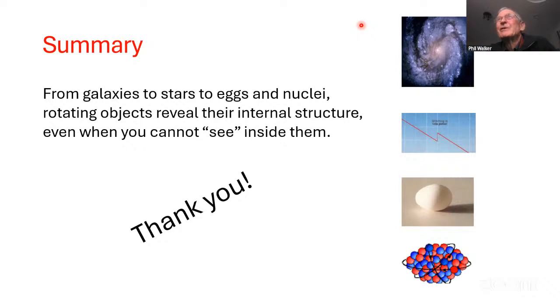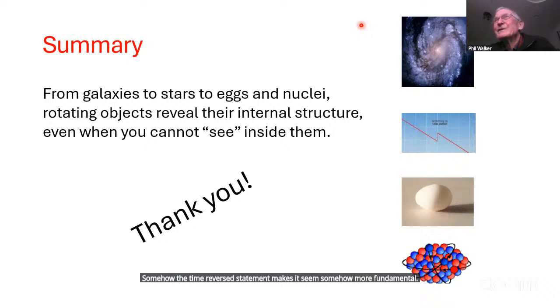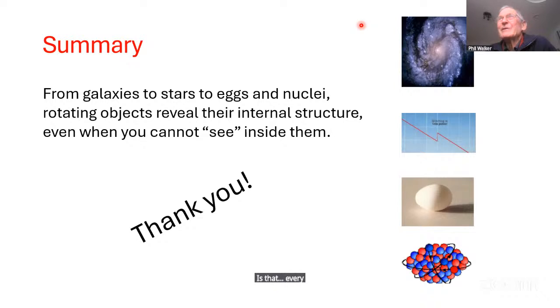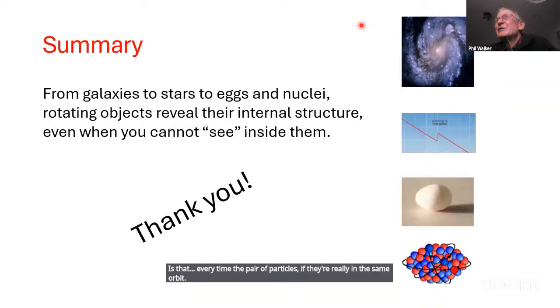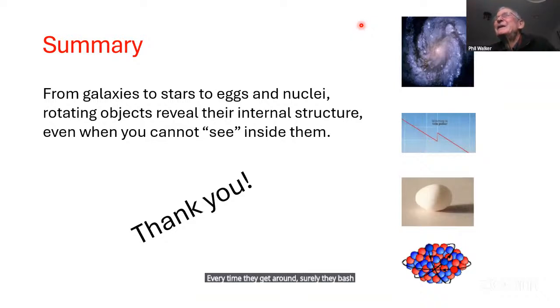Somehow the time reversed statement makes it seem more fundamental. The difficulty with these time reversed orbits, I don't know if you share it, is that if the pair of particles are really in the same orbit, every time they go around, surely they bash into each other. This then leads to discussion of pairing.